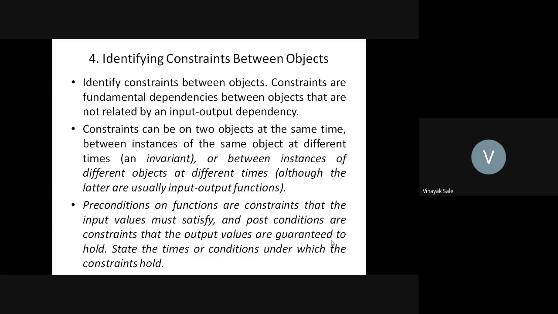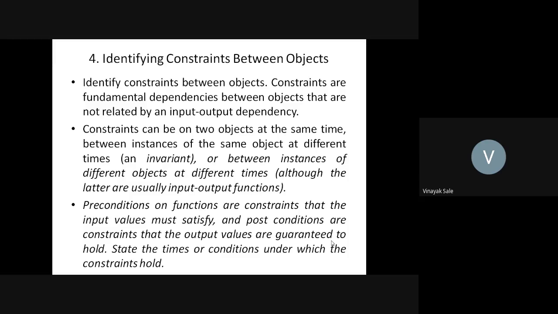Constraints can be on two objects at the same time, between instances of the same object at different times, or between instances of different objects at different times.